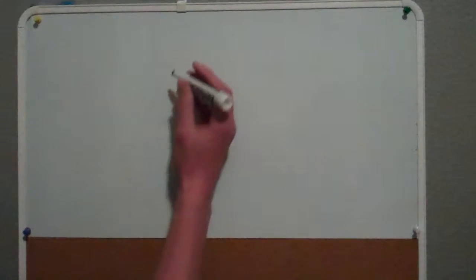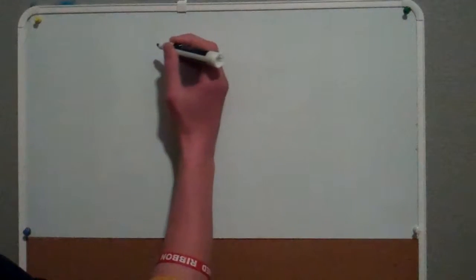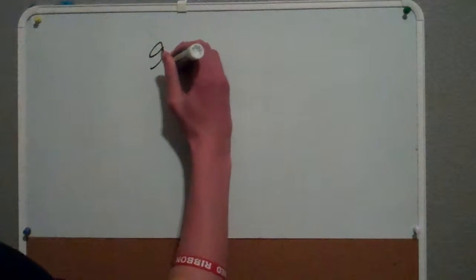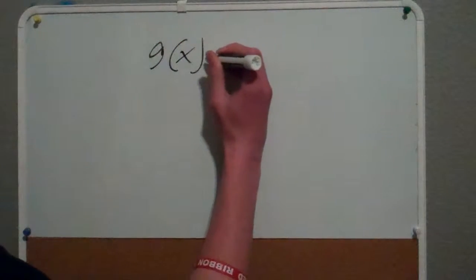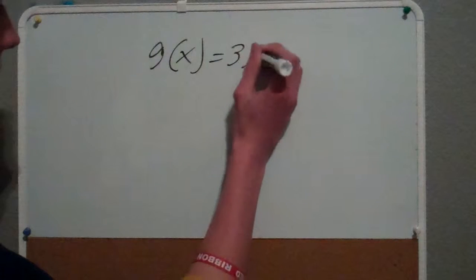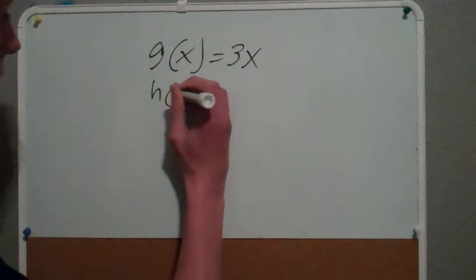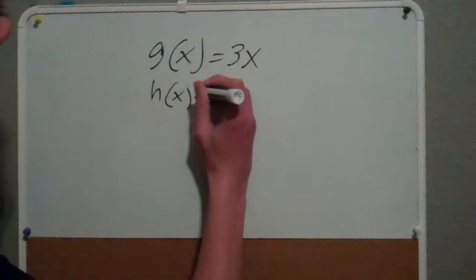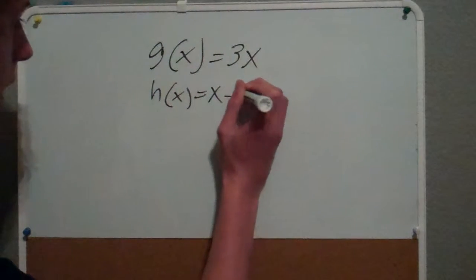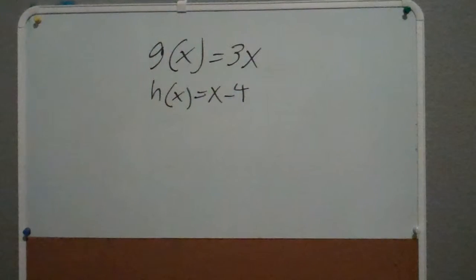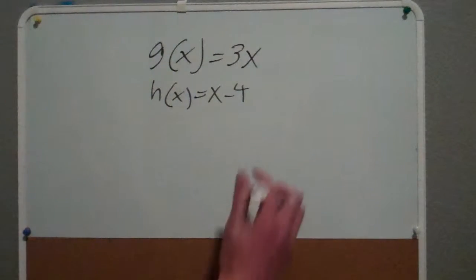But whenever we take equations and substitute those in, say our next one, g of x is equal to 3x, and then h of x is equal to x minus 4. See, what we have here is a standard compositional question to see just about everywhere. But these are both linear.